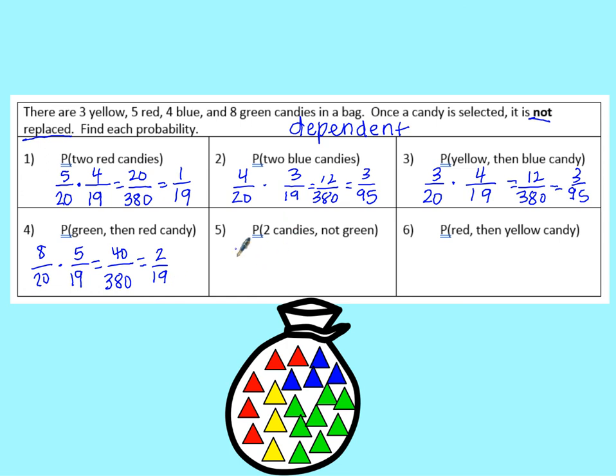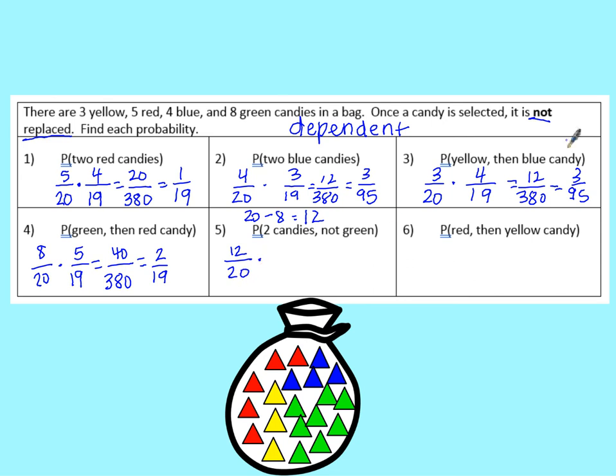In number 5, we want the probability of getting 2 candies as long as they're not green. The total number of green candies in here is 8, and our total number of candies is 20. So we just do 20 minus 8. That's 12 other pieces of candy in there that aren't green. So we have the option of pulling 12 out of 20 at first.